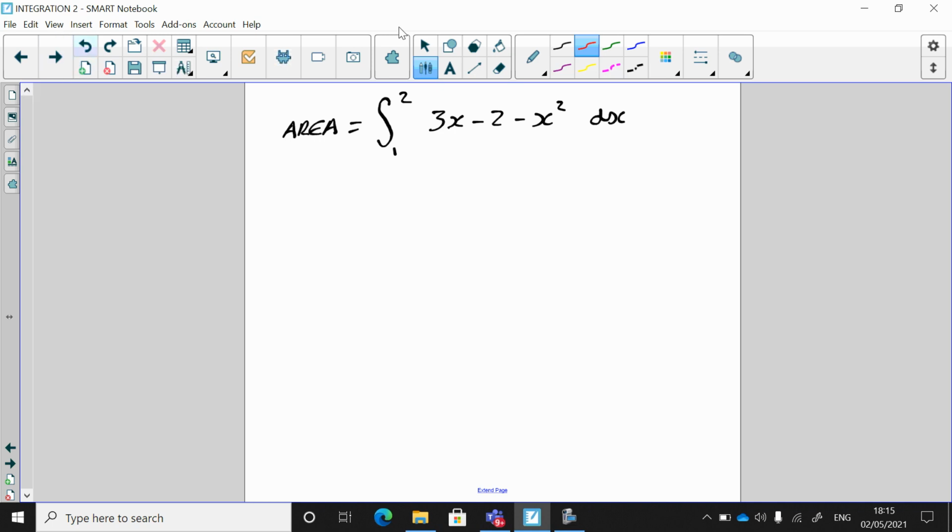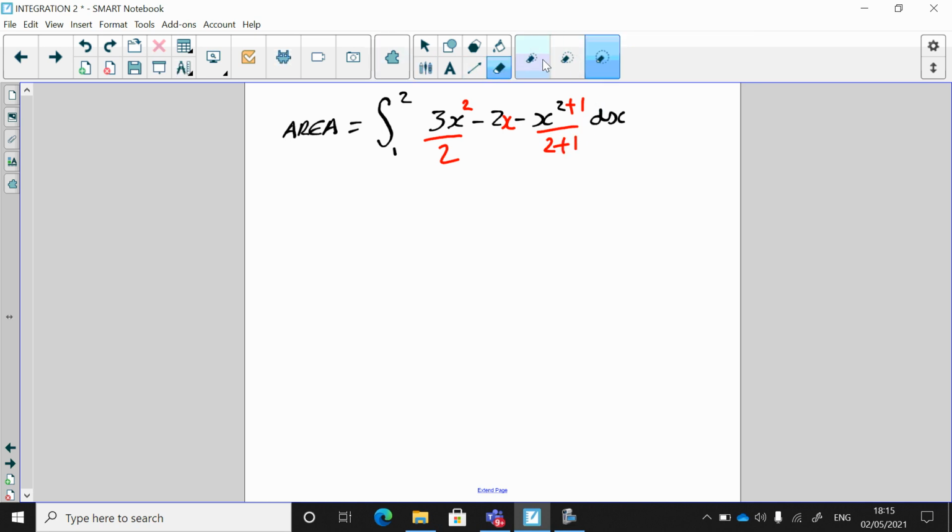Okay, let's start integrating. To integrate that, I get the power of 1 there. If we integrate that, it goes up by 2 and divide by 2 here. That's 2 times x to the power of 0. So when you integrate that, it just becomes 2x. Here, add 1 and divide by the power there.